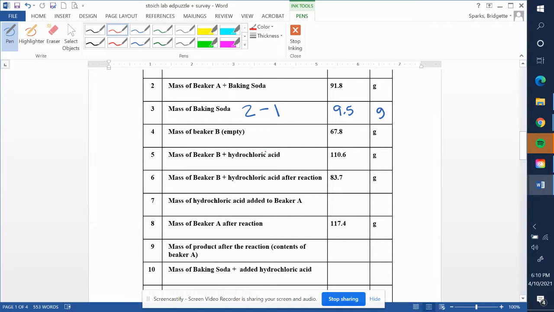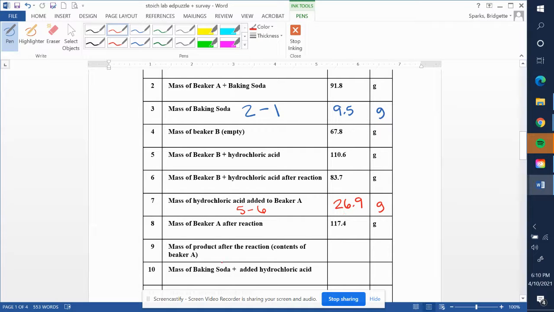And so what we're basically doing here is we are taking line 5 and we're going to subtract line 6, and that will give us the quantity that we should see here in line 7. And for the virtual kids using Luke Kroner's data, you would find that it was 26.9. But if you did it in class, then you would find your own value.